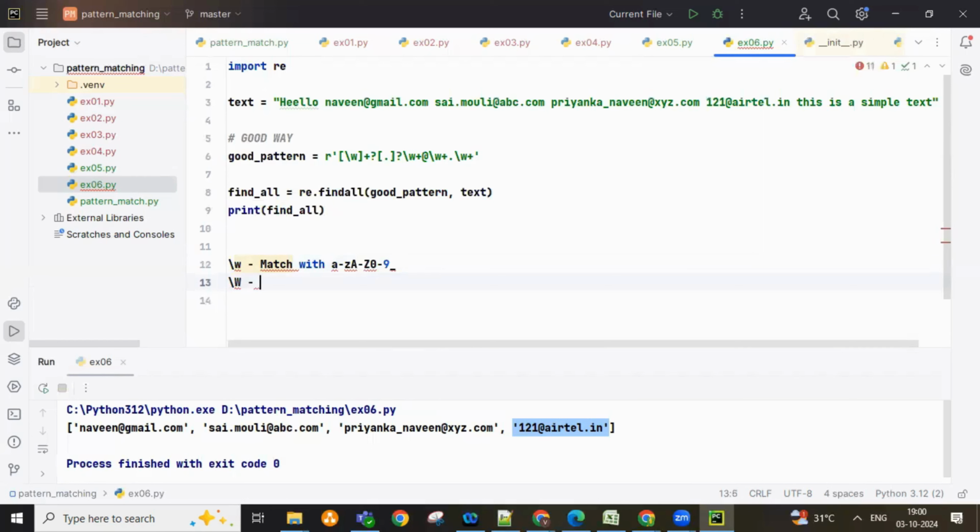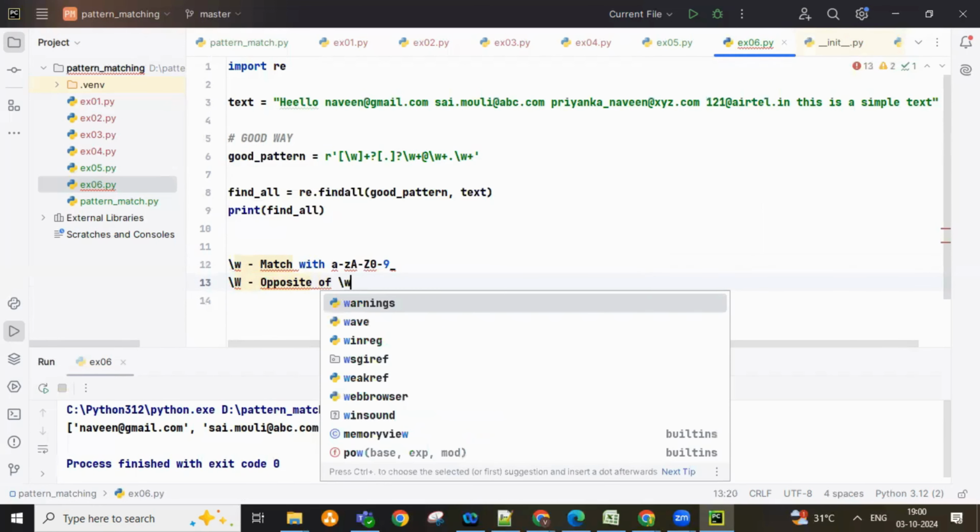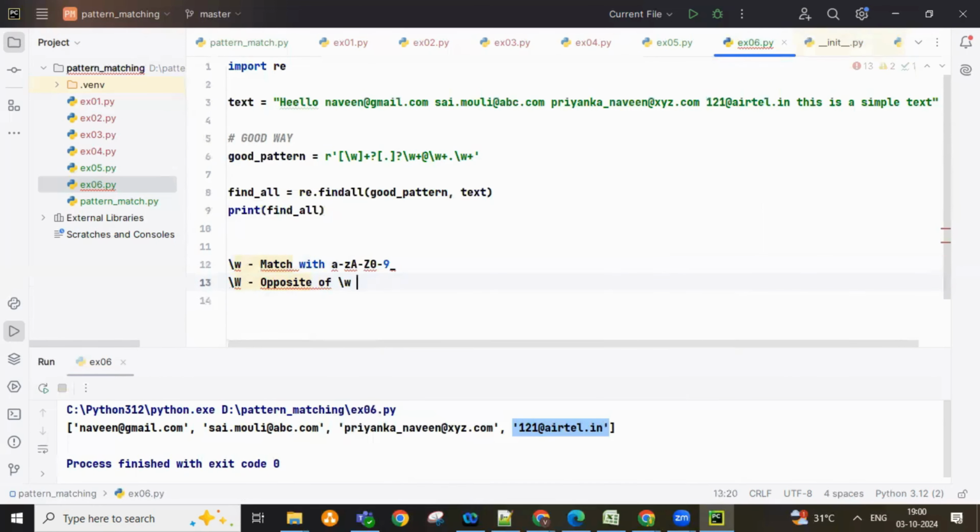So capital W means opposite of \w. You got it, huh? Meaning other than that. Clear, guys? Understood?